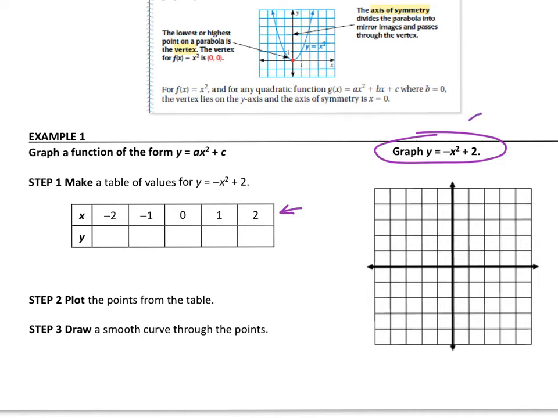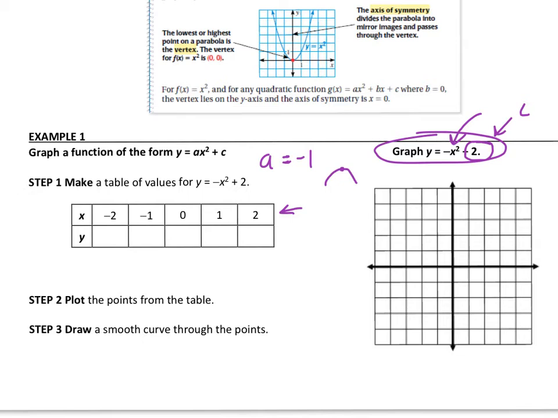Well, we see that the a value is -1, so that means we know we're looking for a downward facing curve. It's going to have a maximum point since a is less than 0. And it looks to me like our intercept of the y-axis is going to be +2. Our c value is always going to be where the graph crosses the y-axis.